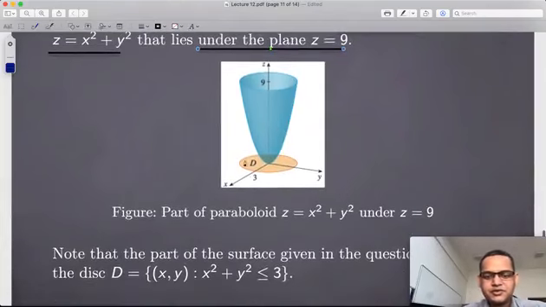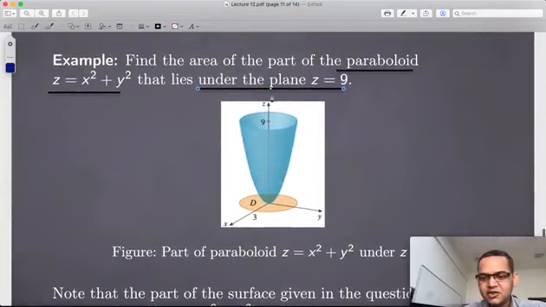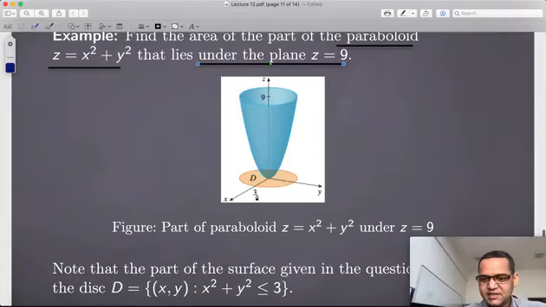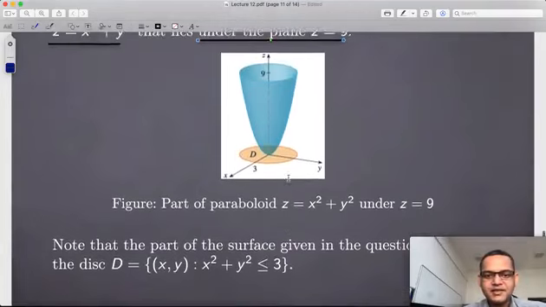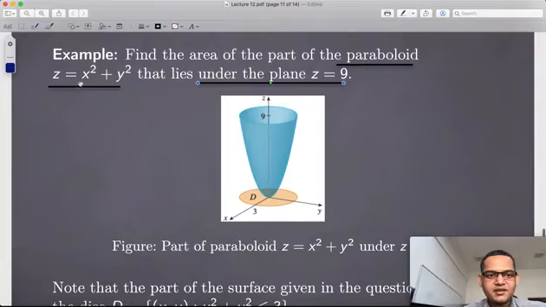So the domain is not given, but you can find it by taking the projection onto the xy plane, and then the problem of computing the surface area translates to computing a double integral over this domain, correct?